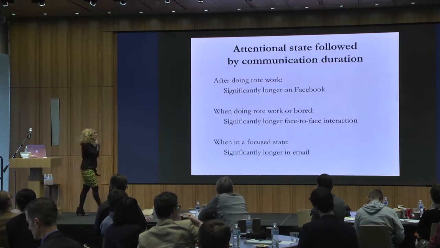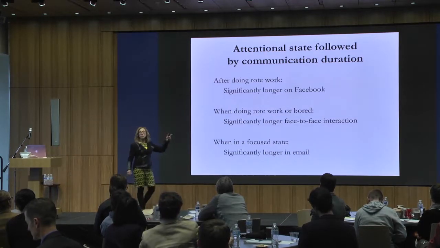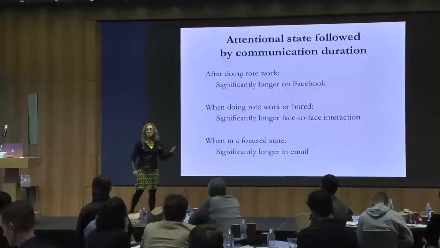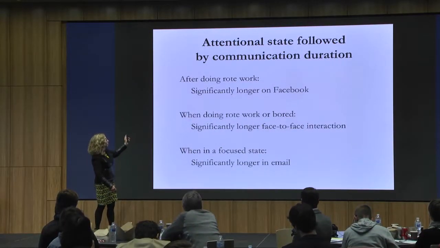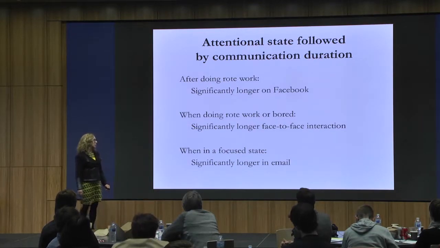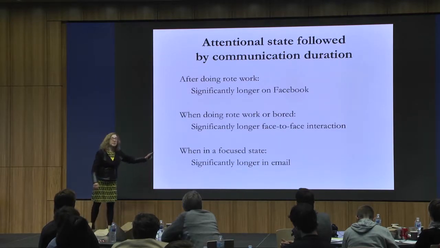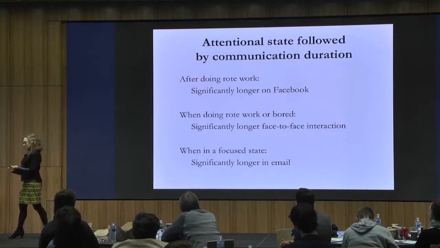And here's what we found: after people were doing rote work, as measured by the experience sampling probe, they spent significantly longer on Facebook. When they were bored, in a state of boredom, they spent significantly longer in face-to-face interaction. But when they were focused, they worked significantly longer in email.